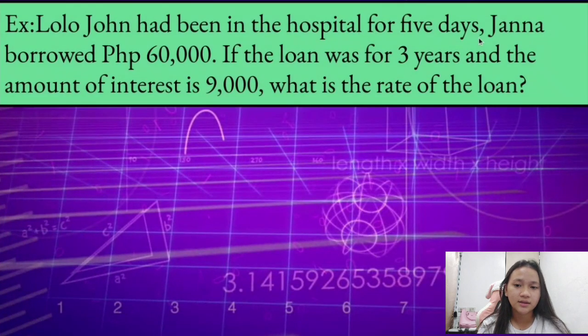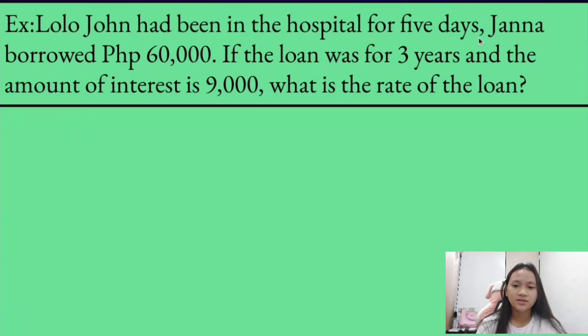So next, Lola Jan had been in the hospital for 5 days. Jana borrowed 60,000. If the loan was for 3 years and the amount of interest is 9,000, what is the rate of the loan? Here we will find the rate. So this is how you find the rate.